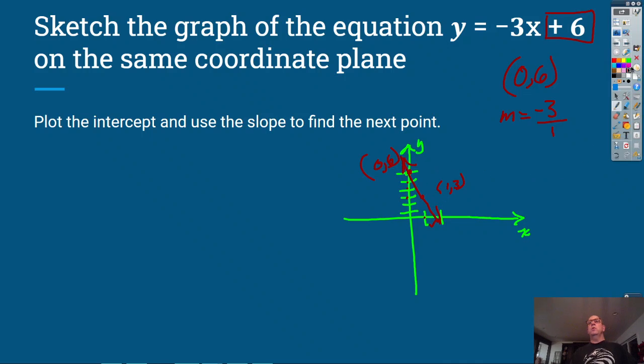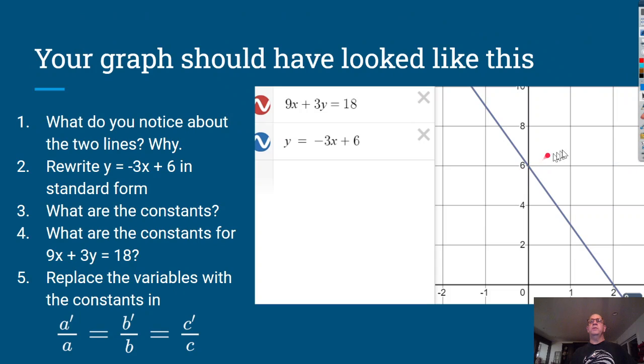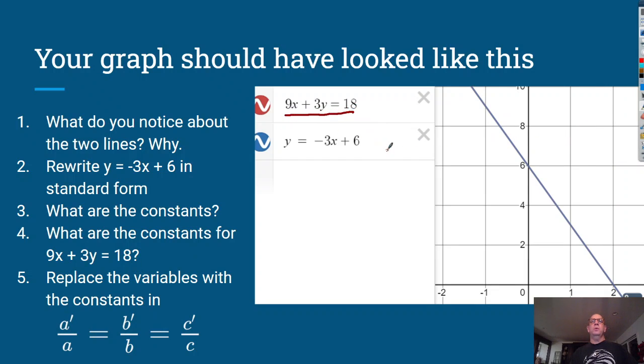So if you did it on the same piece of paper, you already know what I'm going to show you. If you didn't, here I have graphed the two equations. 9x plus 3y equals 18 and y equals negative 3x plus 6. And they graph the same line. And here are the points we had.